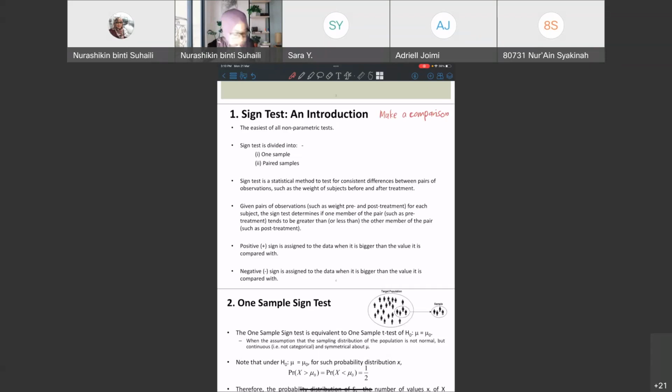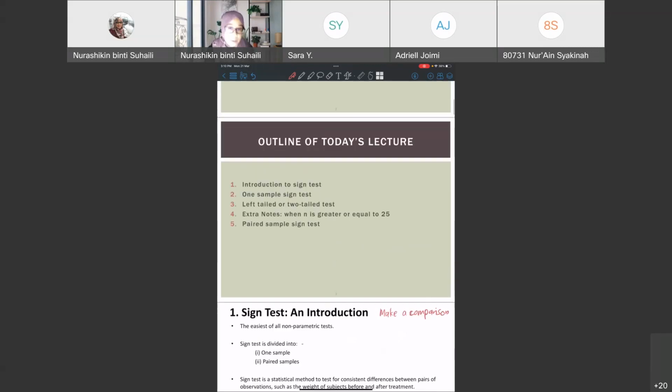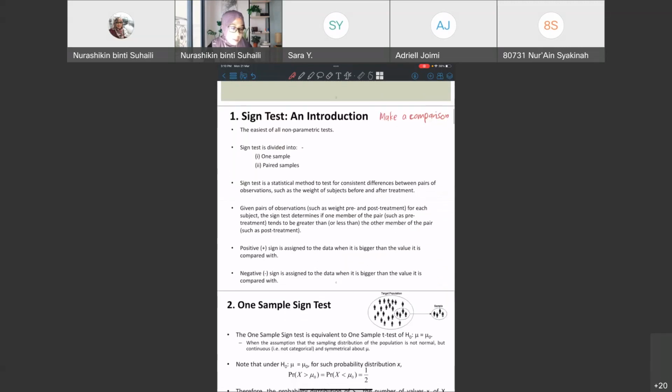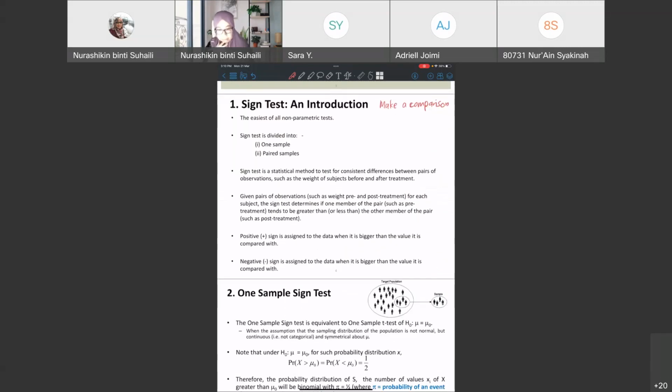Having said that, there are many tests that we can conduct, and to know which test is suitable for which situation, we have to know the nature of the test. That's why we introduce you to different types of statistical tests. LU2 is non-parametric. Non-parametric is for data where we don't have much information, or the number of data is not that high.